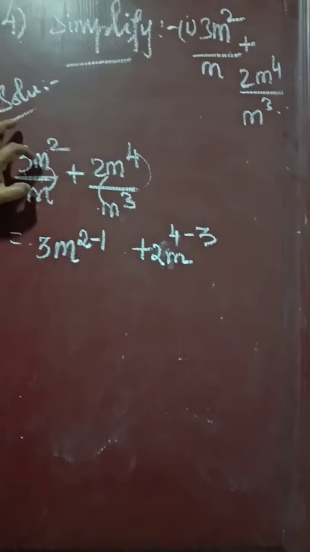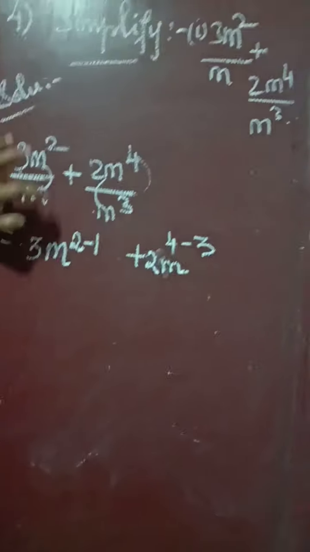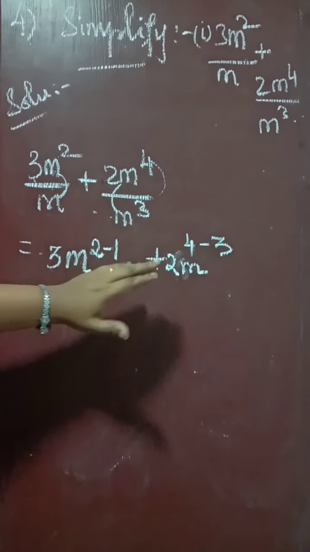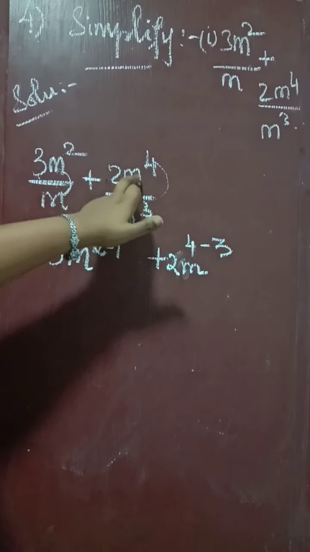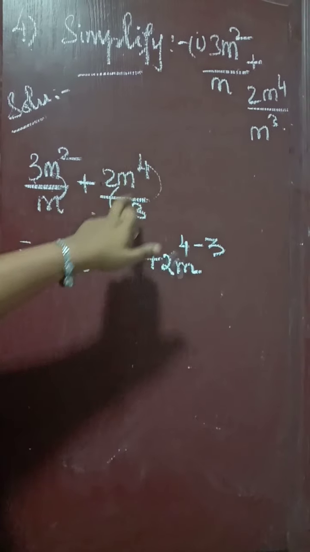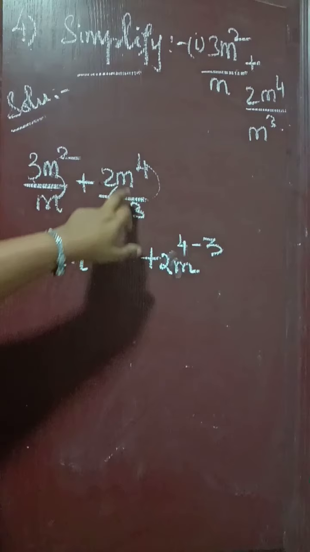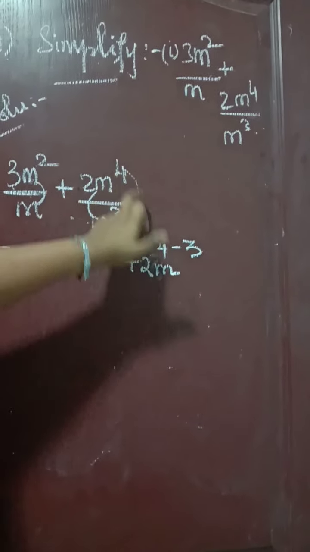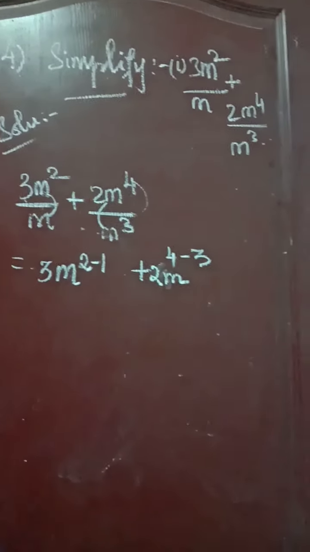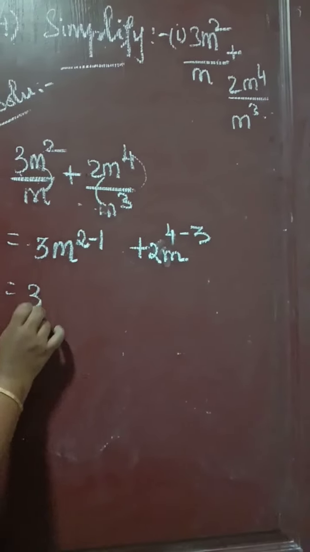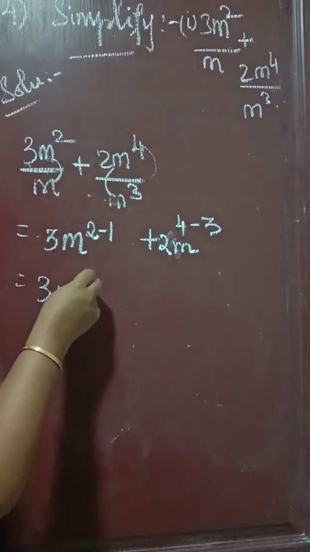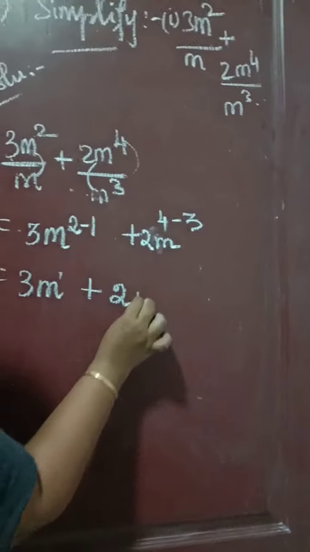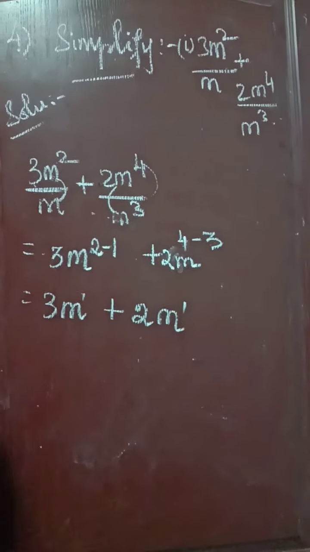So next one, this place m power 2 divided by m. So m, here also m, here also m. So I subtract the power. Next one 2 is a number. Denominator not having a number, so I write 2. Come to this place: m power 4 divided by m power 3. So m is same. In division, bases are same, so we subtract the power. So 4 minus 3. So next one 3. 2 minus 1 is 1. So next one plus 2 into m power 4 minus 3 is 1.